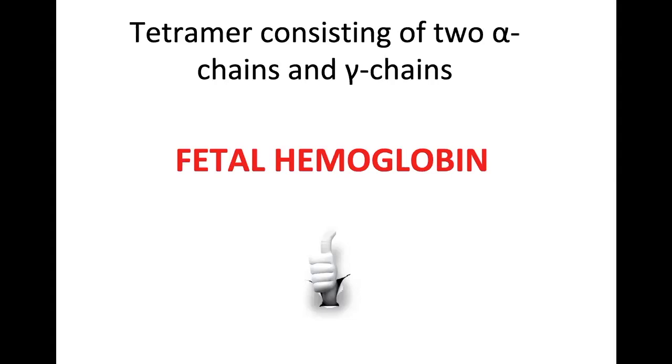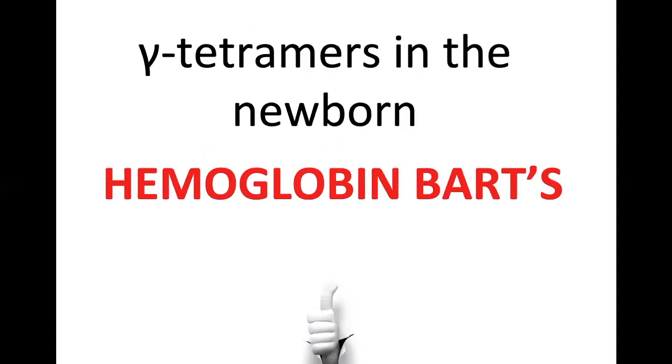So adult hemoglobin, HbA, is 2 alpha and 2 beta, while HbF, or fetal hemoglobin, is 2 alpha and 2 gamma.